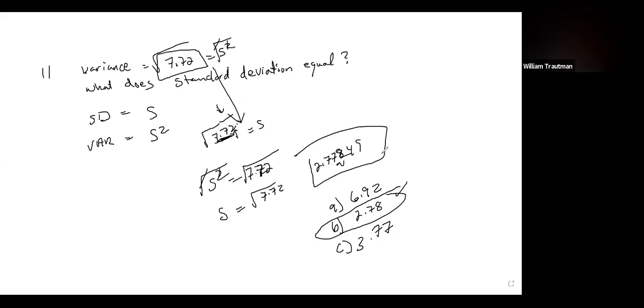If your answer is anywhere close, 2.778, you'd see 2.78. Yes, 2.78 is the answer. It's always 1 decimal place more than the data. We don't have data here, but we do have S. So V and S should be the same decimal places. Hopefully that made sense.